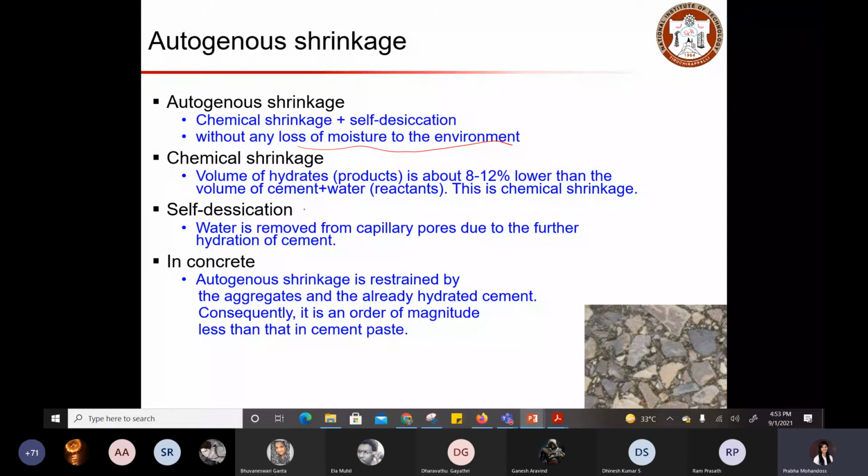And self-desiccation means water is being removed from your capillary pores for further hydration of cement. Especially when the water cement ratio is less than 0.3, water will not be sufficient for all the cement to hydrate. So it takes some amount of water from its capillary pores for further hydration of cement. So it leads to the self-desiccation issue. This is a more common problem when you have high strength concrete with low water cement ratio.